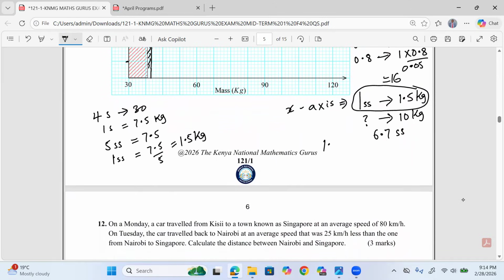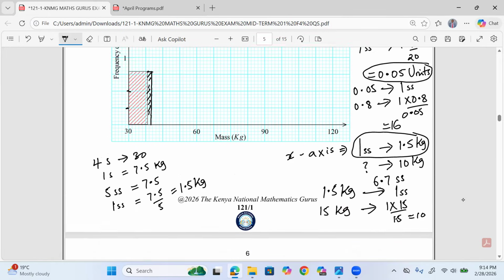We said 1.5 kg is being represented by one small square. What about the 15 kg that we need? We need 15 over 1.5. This is giving us 10. So we need 10 small squares.